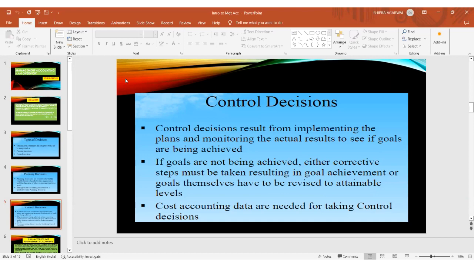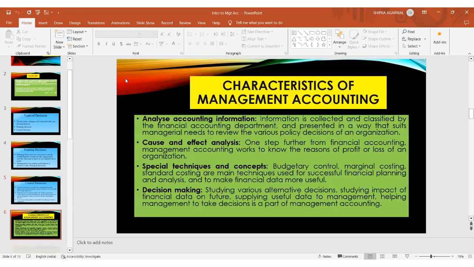As a result, we want to implement this control decision in the organization. This is very, very important, especially for the cost accounting data, or you can say the costing department of the organization.